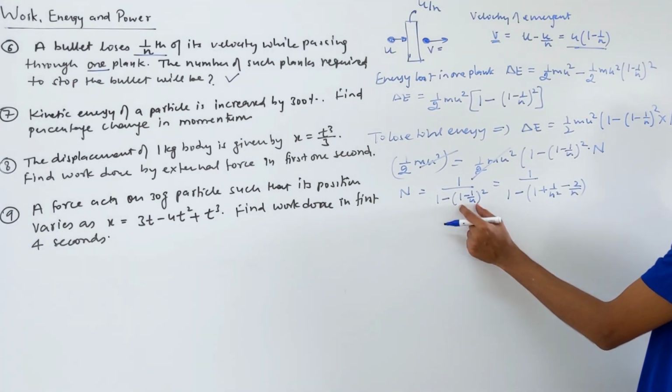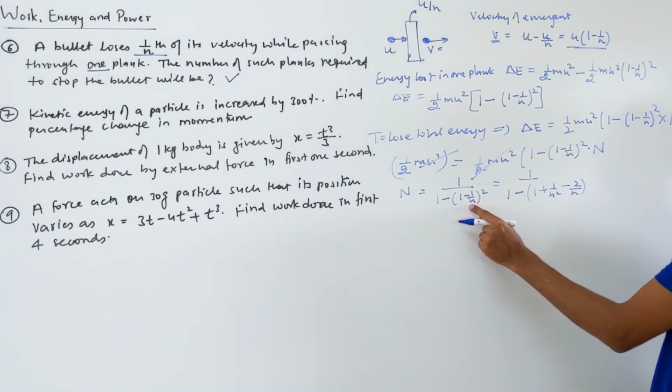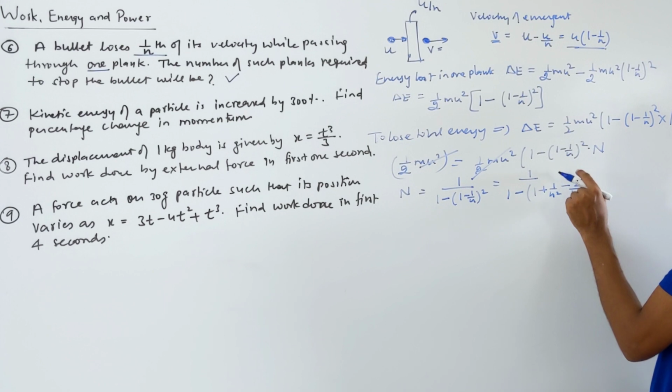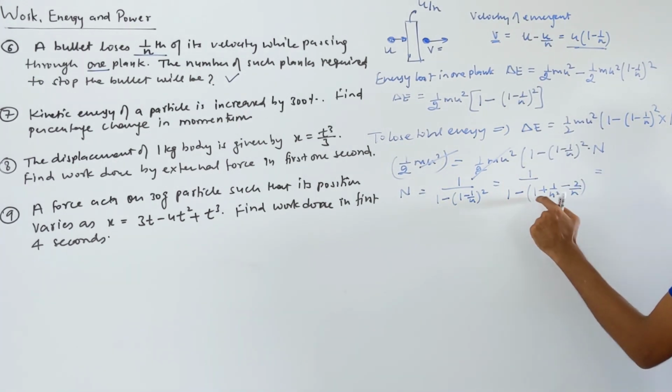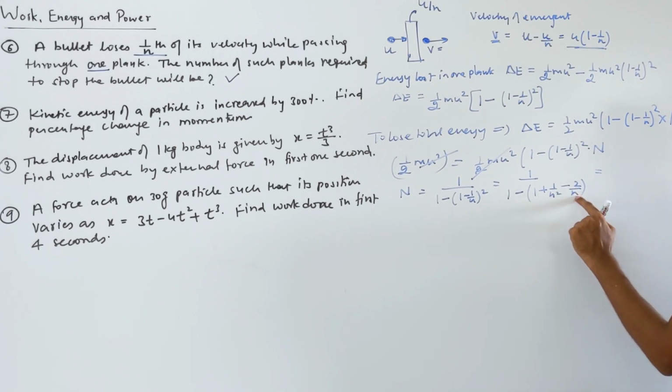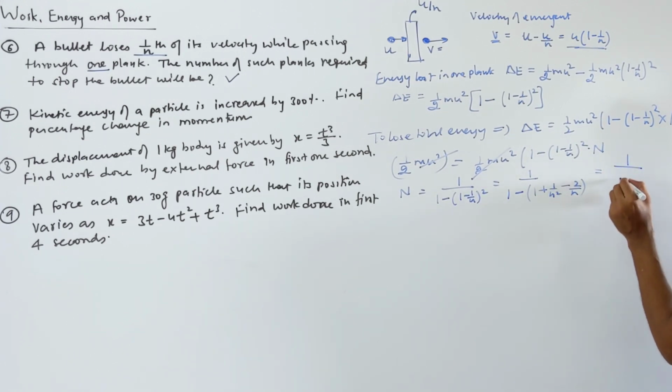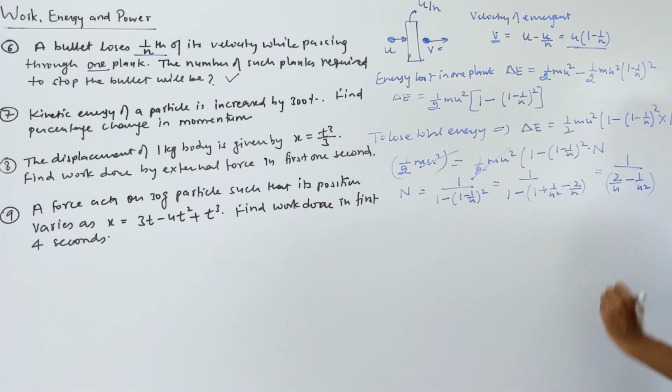This is a minus b whole square, so a square plus b square minus 2ab, right? When you open this, the minus goes inside, the 1 and 1 get cancelled, this term becomes positive, that becomes negative, so 1 upon 2 by n minus 1 by n square, right?